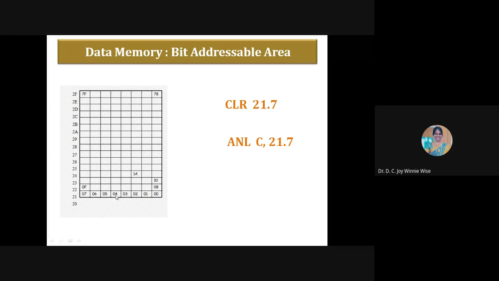To refer to it, see the instruction here. I have written CLR, which is clear, 21.7. That means in memory location 21, the 7th bit must be cleared. It must be changed to 0. Suppose I have connected an LED here: this is the 21st memory location and this is the 7th bit.